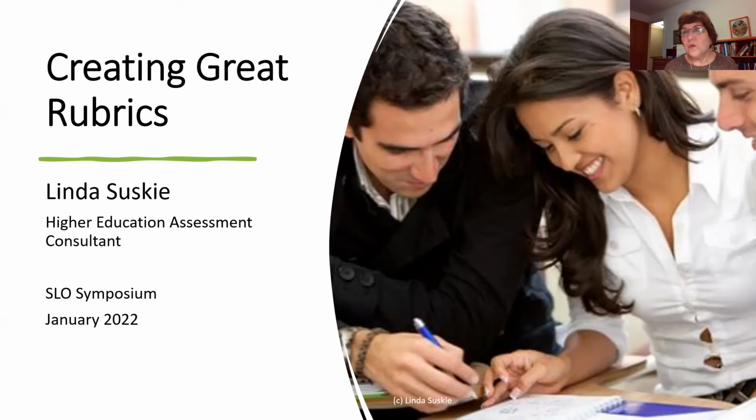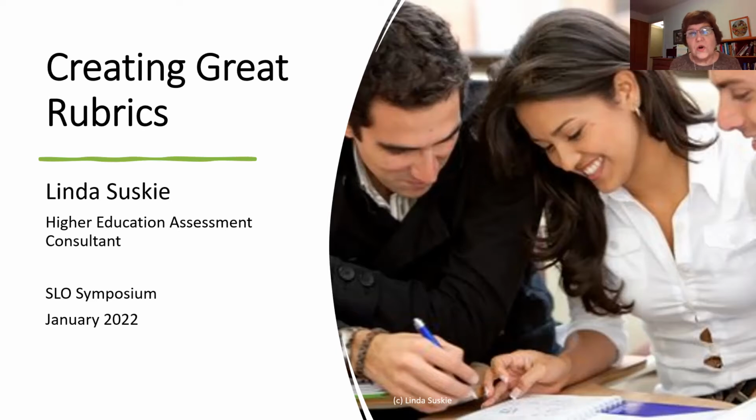It rocked my world, what I learned, so much so that for a while I did sessions like this, but I titled them "Everything I Thought I Knew About Rubrics Was Wrong." Really, really blew my mind. So I don't know if I'm going to blow your mind or you're going to come away and say, yeah, I've been doing that already, but I hope you'll pick up at least a few ideas.